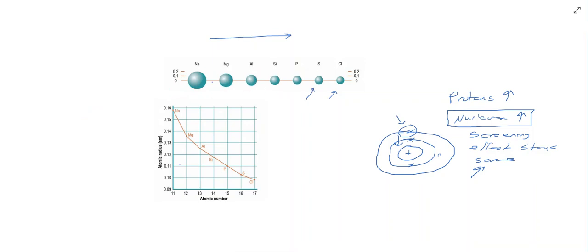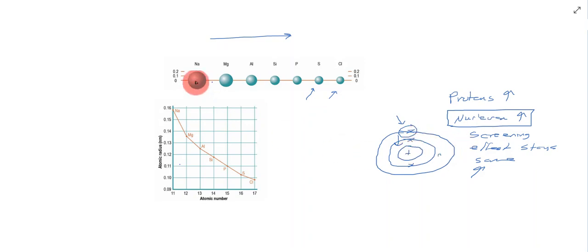So what we can say is that trends in the size of the atomic radius across a period depend on a number of factors. Number one is the nuclear charge. The atomic radius decreases going from left to right across a period because of the increase in nuclear charge, which exerts a greater attractive force on the outer electrons.